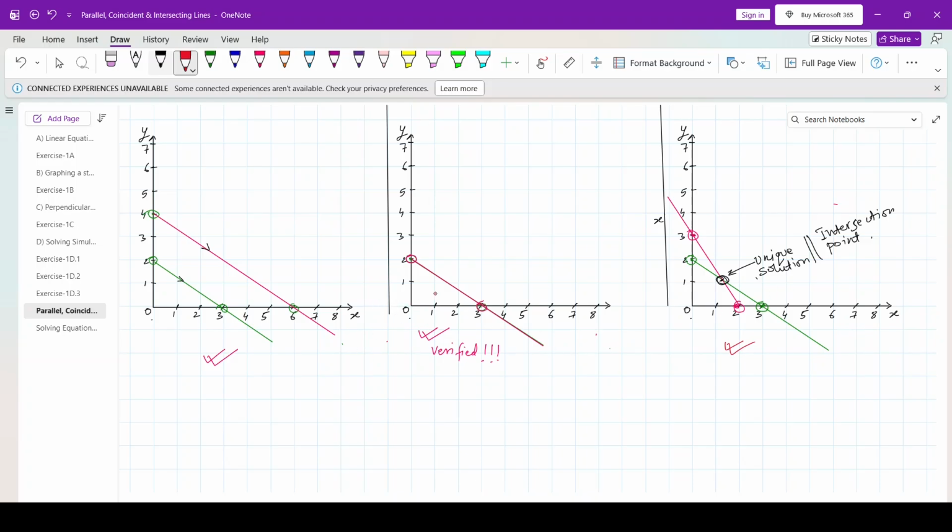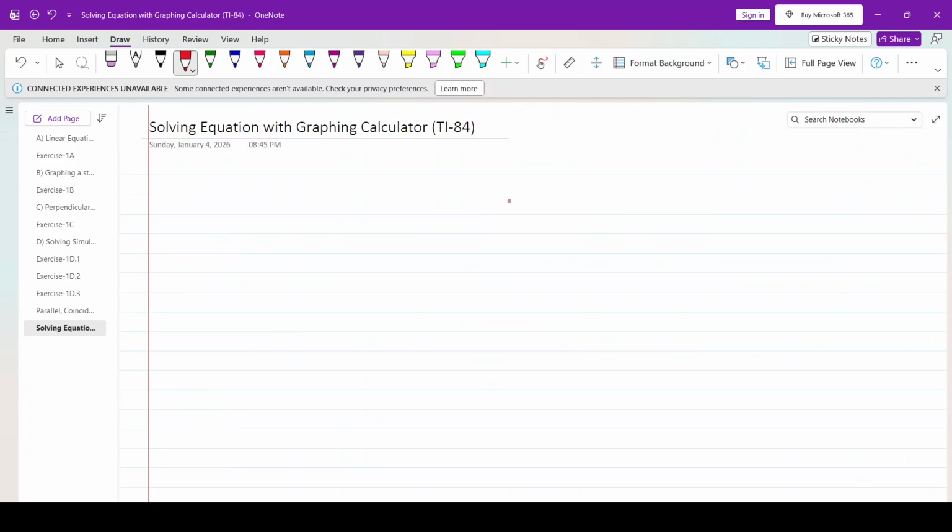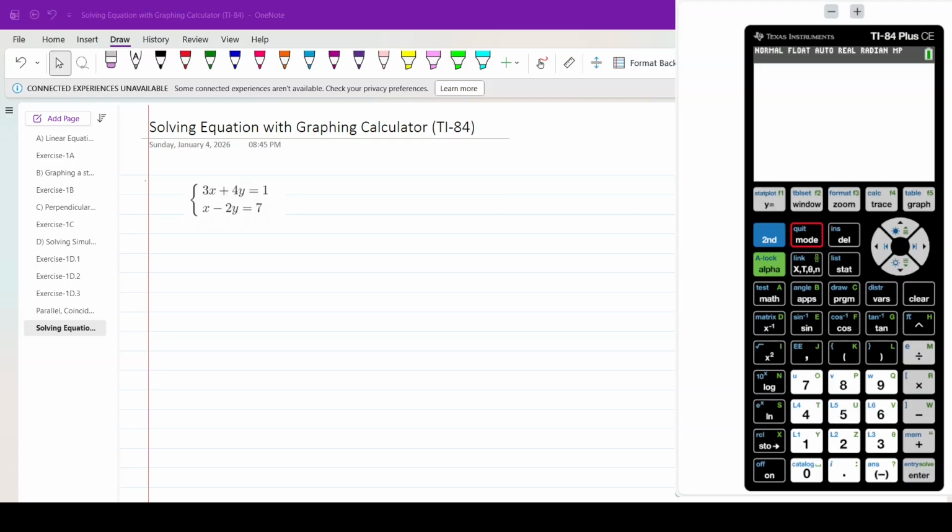Now let's move on to another important concept where we will learn how to plot equations using the graphing calculator TI-84. So let's get started. Here we have two equations, 3x plus 4y is equal to 1 and x minus 2y is equal to 7.